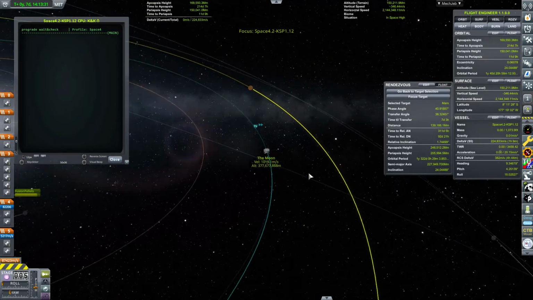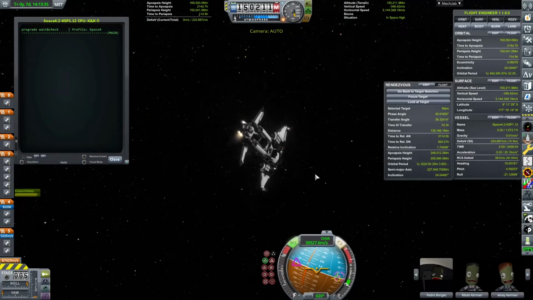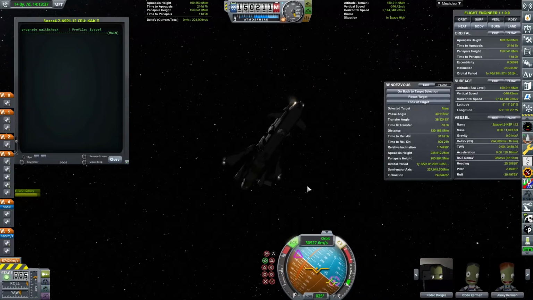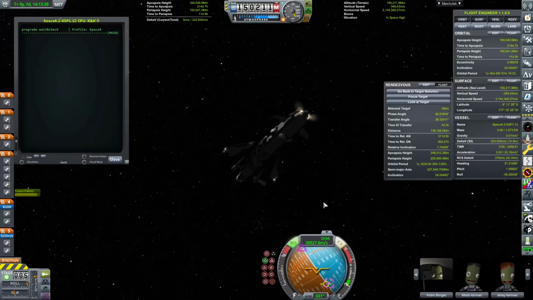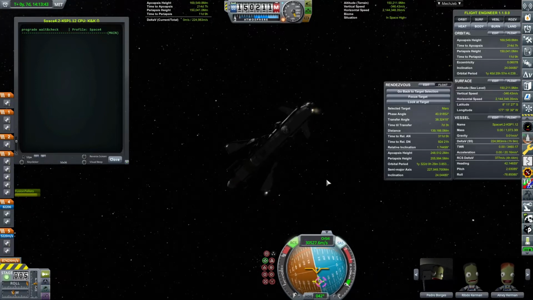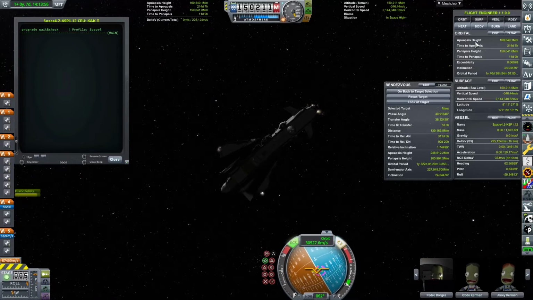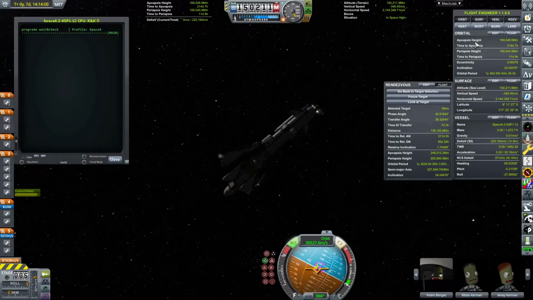Okay, and in this burn, we will do most of the work to get a higher apoapsis relatively near to Mars orbit. And after that, we will do another burn to do a correction to intercept Mars. So this is the first burn.